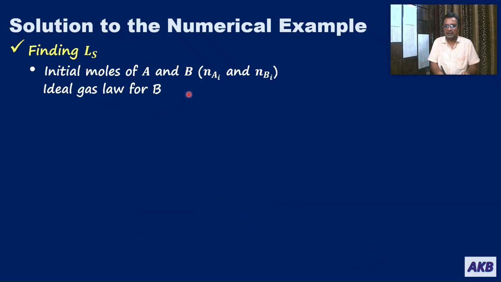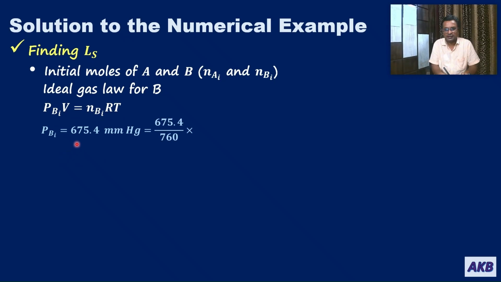Now let us get initial moles for B, that is NBI. For that we will be using the ideal gas law for B, which is PBI into V is equal to NBI into R into T. PBI we found out earlier, it is 675.4 millimeter mercury, and I will be converting it to Newton per meter square. So it will be 675.4 divided by 760 into 1.103 into 10 to the power 5, which is 90023.7 Newton per meter square.